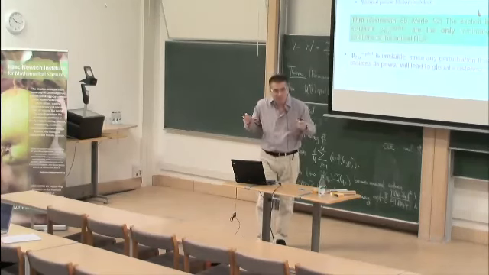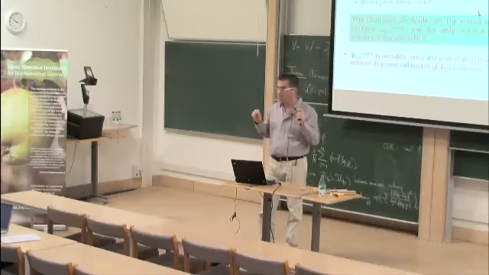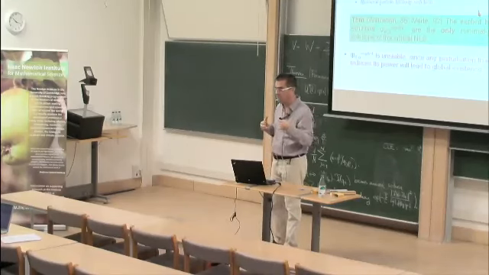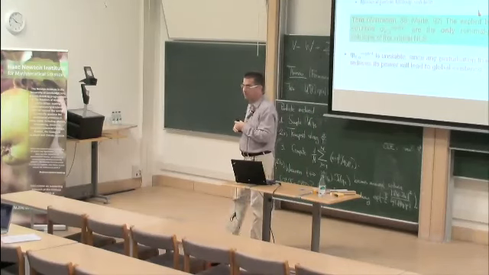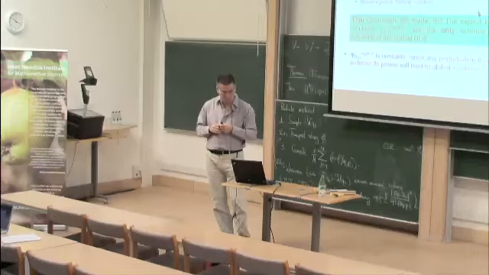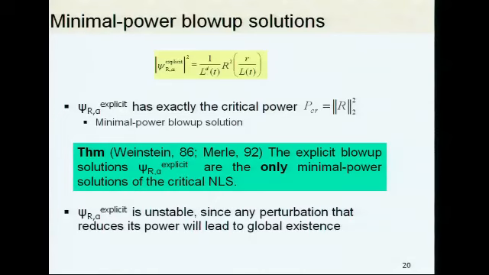And since it has exactly the minimal power which is needed for collapse, these solutions are sometimes called minimal power blow-up solutions. And actually it was shown by Weinstein and subsequently by Merle that these are the only minimal power blow-up solutions. Any singular solution that has exactly the critical power has to be given by this explicit solution.